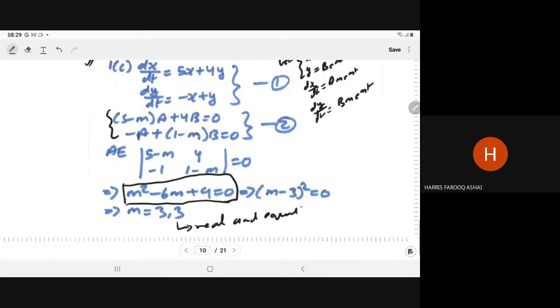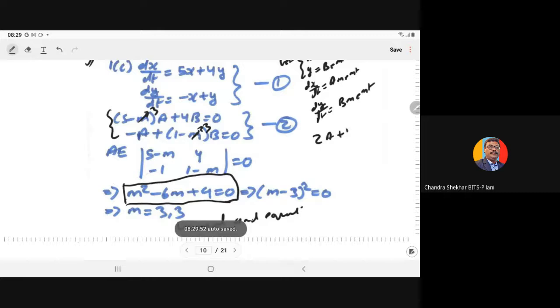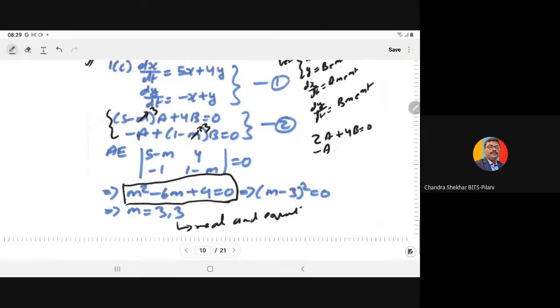That will give you the roots m is equal to 3, 3, which are real and equal. When we have real and equal roots, for one root you can easily determine the solution when we put m is equal to 3. This will give you 2a plus 4b is equal to 0, and minus a minus 2b is equal to 0.